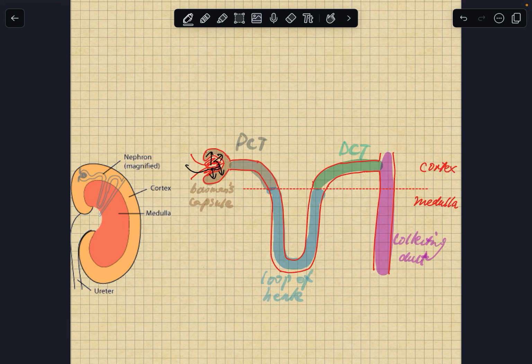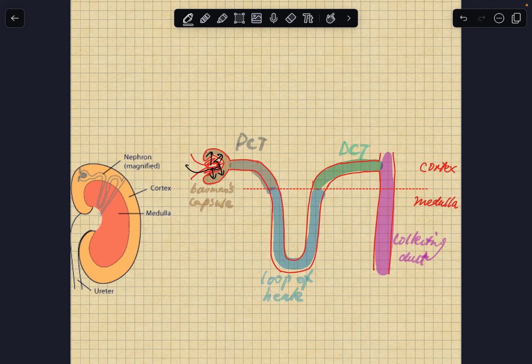All right. And then if nothing gets reabsorbed back into the bloodstream, then everything will go through this pathway and eventually enter the ureter, and then the bladder, urethra, and toilet, right? But unfortunately, our nephrons have a lot of regulation, in that they absorb different things at different structures, okay?